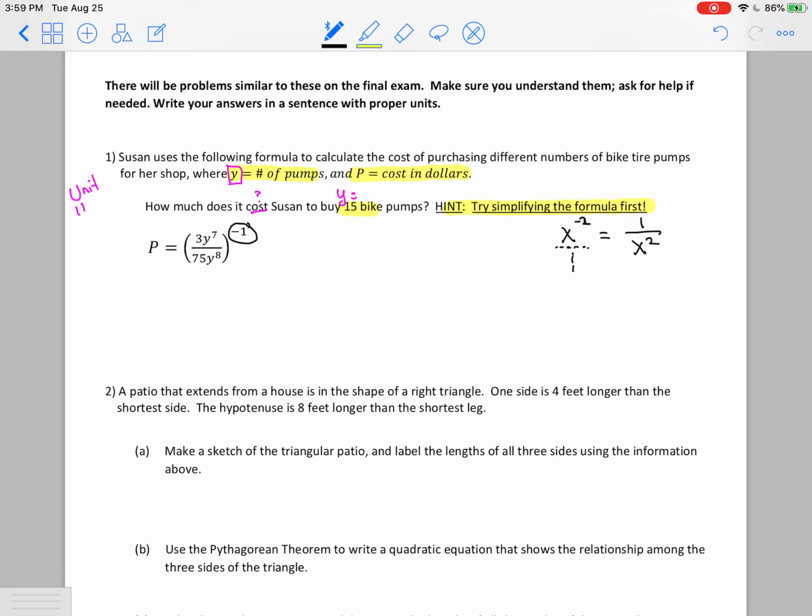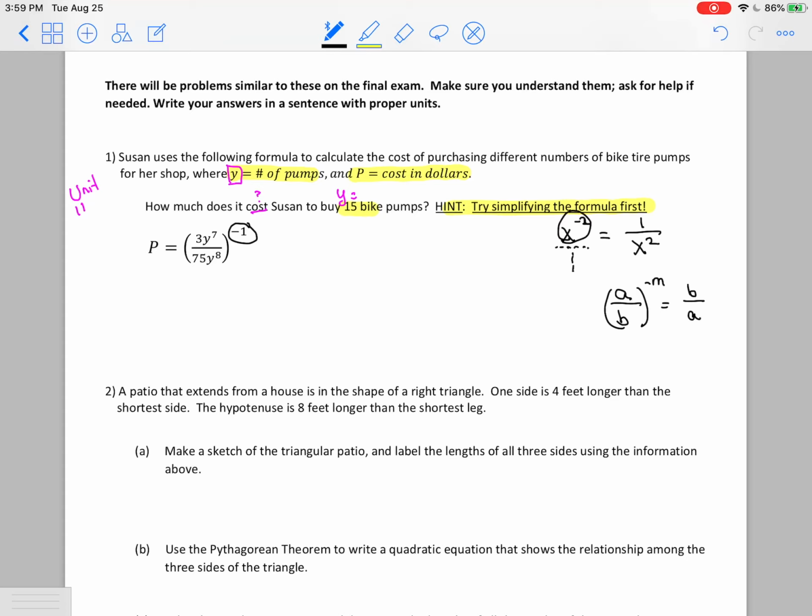We're just flipping that over and changing the exponent to a positive. If we happen to have a over b to a negative exponent, let's call this negative m, we can fix that negative exponent by flipping the fraction. Basically, we're moving the b upstairs and the a downstairs. And that is the idea.